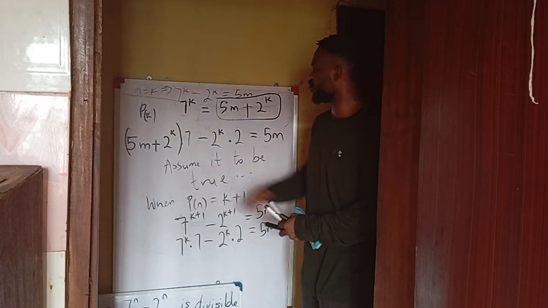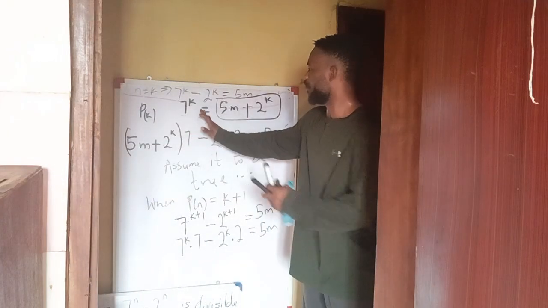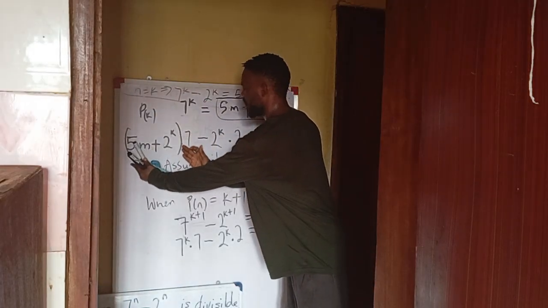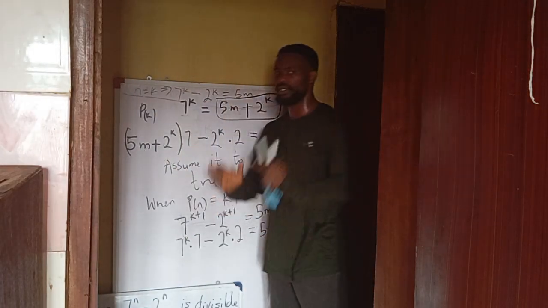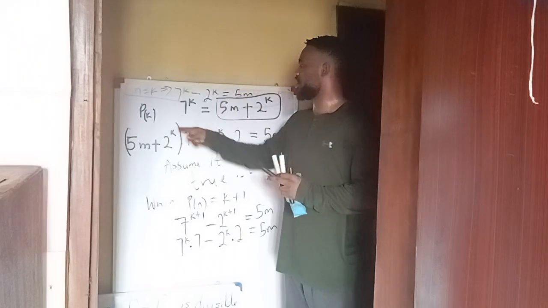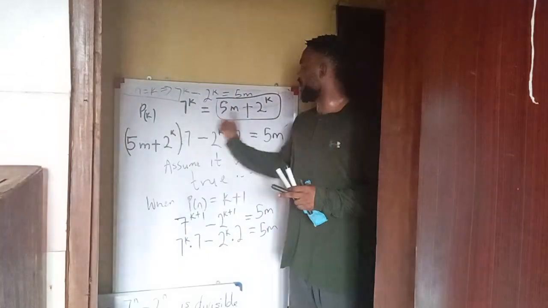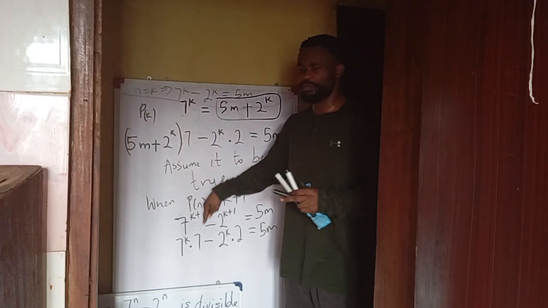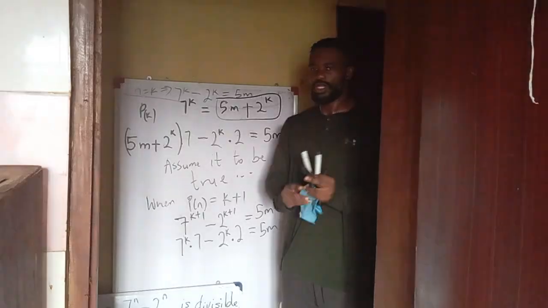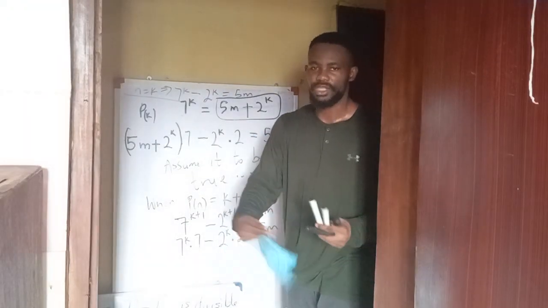Remember that this has done what we want it to do for us. We've used this to replace 7^k inside here. That is the goal. So whenever it's division, the minute you get to P of k, make any one of them subject of the formula. Once you do it for P of k plus 1, you will use that value and substitute. Then you try to see if it can now be divided by 5.